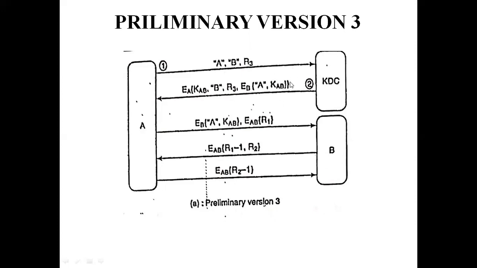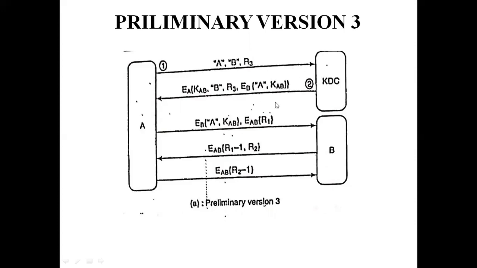This is accomplished by sending a fresh nonce in message 1, and receiving the confirmation that it was received by the KDC in message 2. So we send a nonce and receive an acknowledgement from the KDC in message 2 itself.